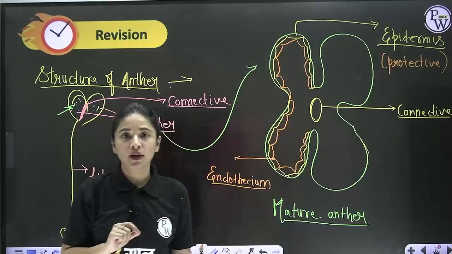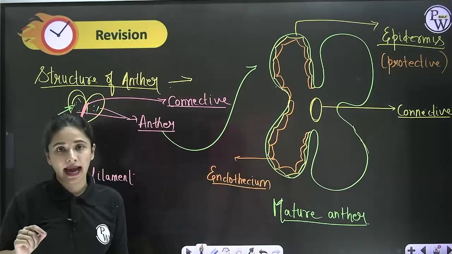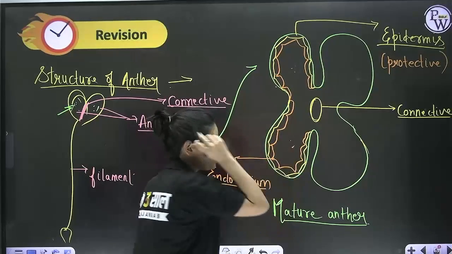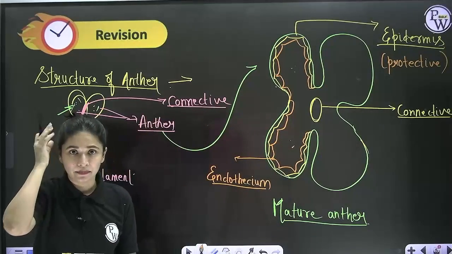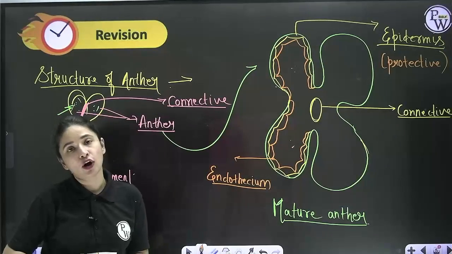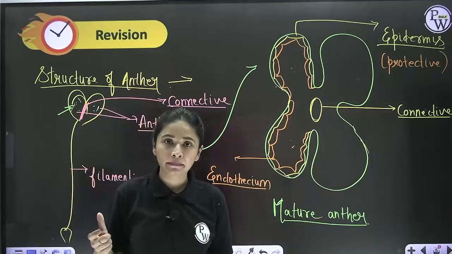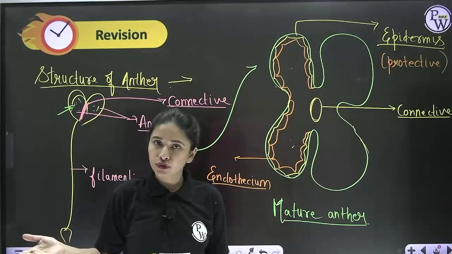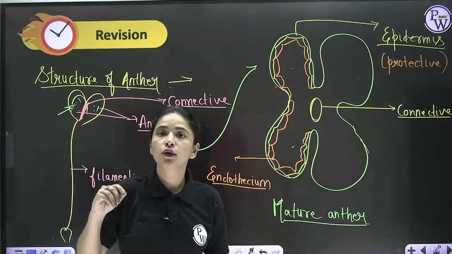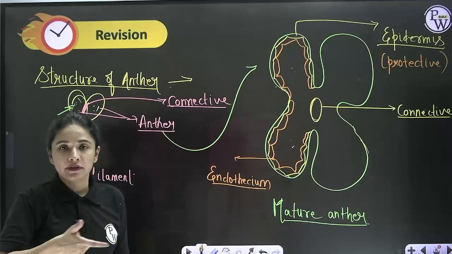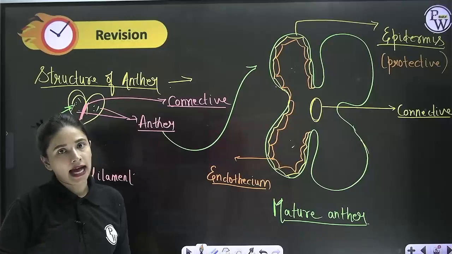The endothecium is responsible for the dehiscence of the anther, so that whatever pollen grains are going to be produced inside can come out. Pollen grains carry the male gametes, so that male gametes can also be transferred for fusion. For that, the anther needs to burst, and for bursting we need the endothecium, which is one of the layers of the anther.